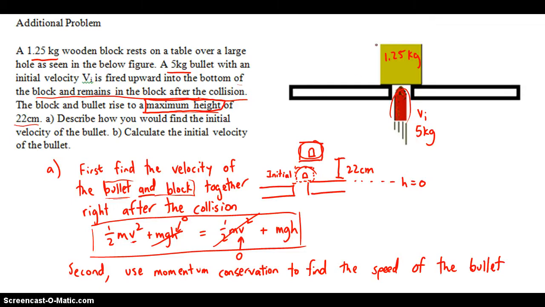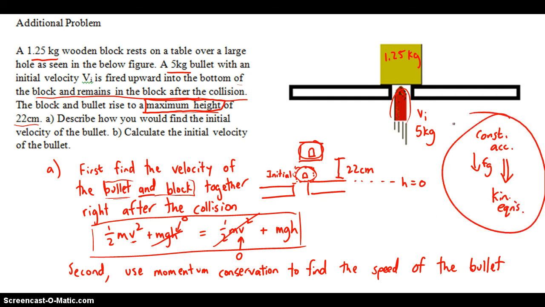As soon as these two are together, the bullet and the block, the only force acting on them is the force of gravity, down. So that's a constant acceleration. If you have a constant acceleration, you can use the kinematic equations. It is possible to solve the problem this way.